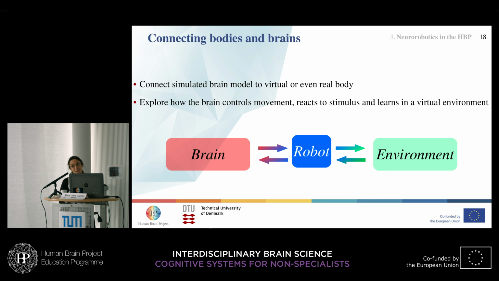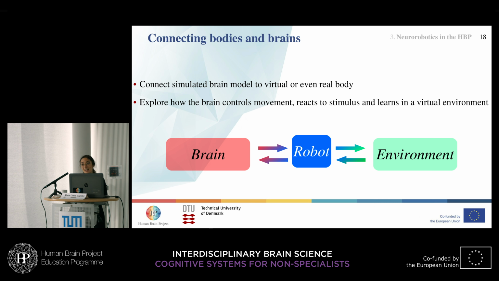In this way, everyone will be able to connect the brain model, and sorry if I use brain in this way, some of them could argue about that. Let's say maybe a neural circuit inspired by the brain, on a virtual or even real body.